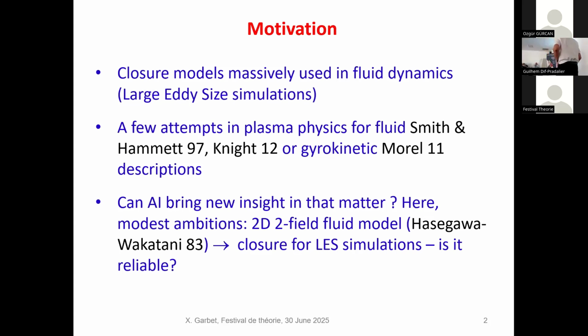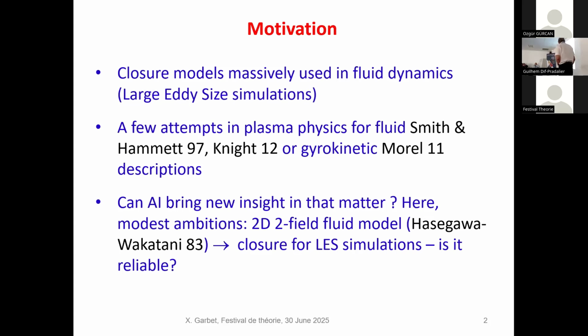This has been around for some time, but the new thing is that AI, artificial intelligence, hopefully I can use this jargon, is bringing some new insight in the matter, whether in fluid turbulence or plasma physics. As Patrick explained this morning, you want to get started with a low-dimensional, low number of fields model, and for this, Hasegawa-Wakatani is a prototype for this kind of exercise.